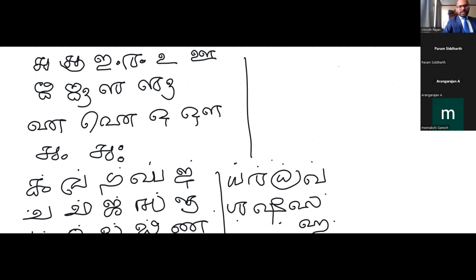Let's write one more simple word in Grantha. Let's write the word Sadharana. In Grantha, this would be Sa, Ha, Sa, No. Right. Again, let's take another word.